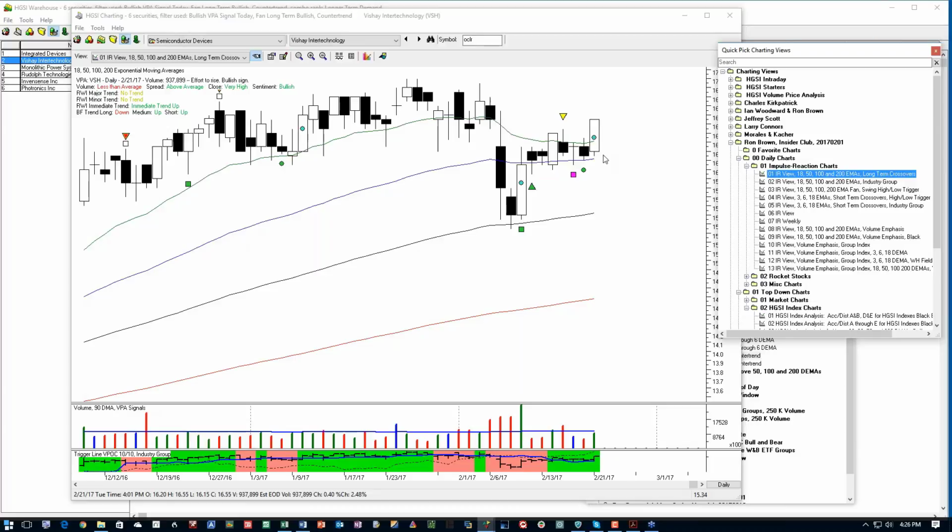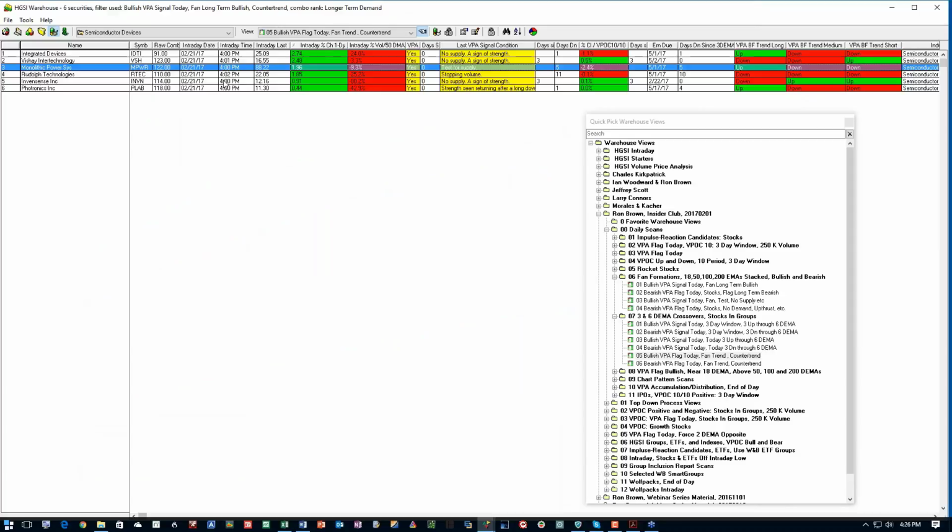It bounced off of the 100-day exponential moving average, and then it found support at the 50-day exponential moving average, along with a lot of VPA flags, indicating that there is interest in this stock. Okay, so that is my counter trend screen. Let's just flip through the rest of these.